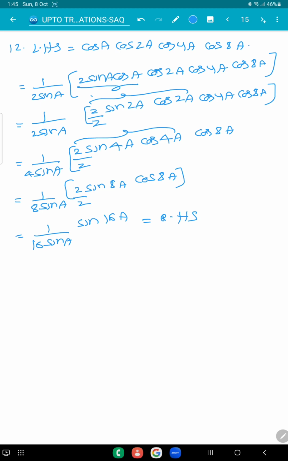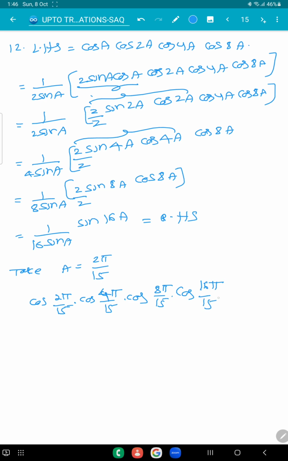We are not yet done. We have to do the deduction. Take a equal to 2 pi by 15. So cos a is cos 2 pi by 15, cos 2a is cos 4 pi by 15, cos 4a is cos 8 pi by 15, and cos 8a is cos 16 pi by 15.